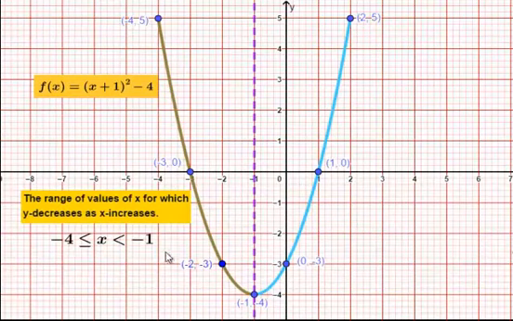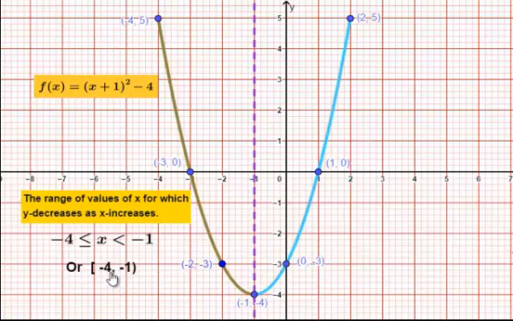Now we can write it in the interval notation form as this one. This is a closed bracket, and you see that we have -4 as x value for the first point.